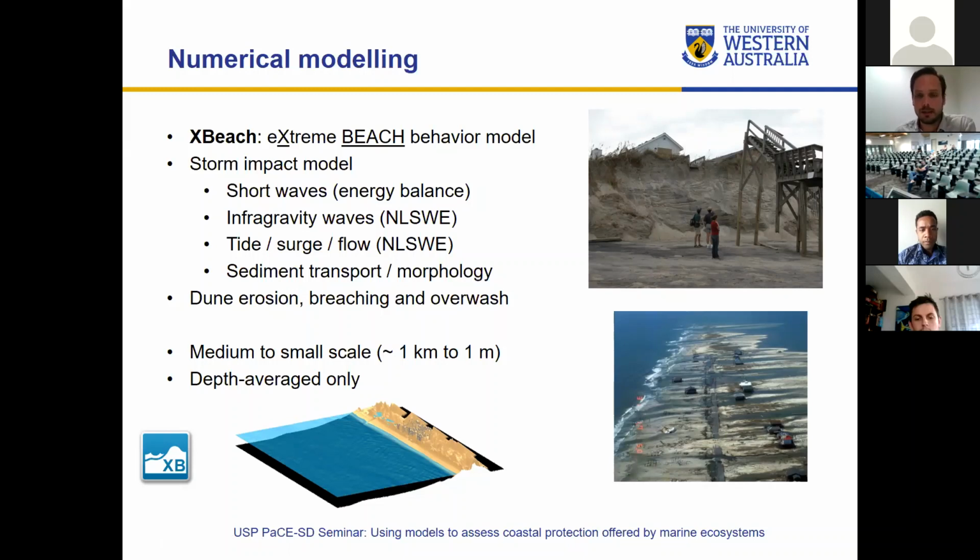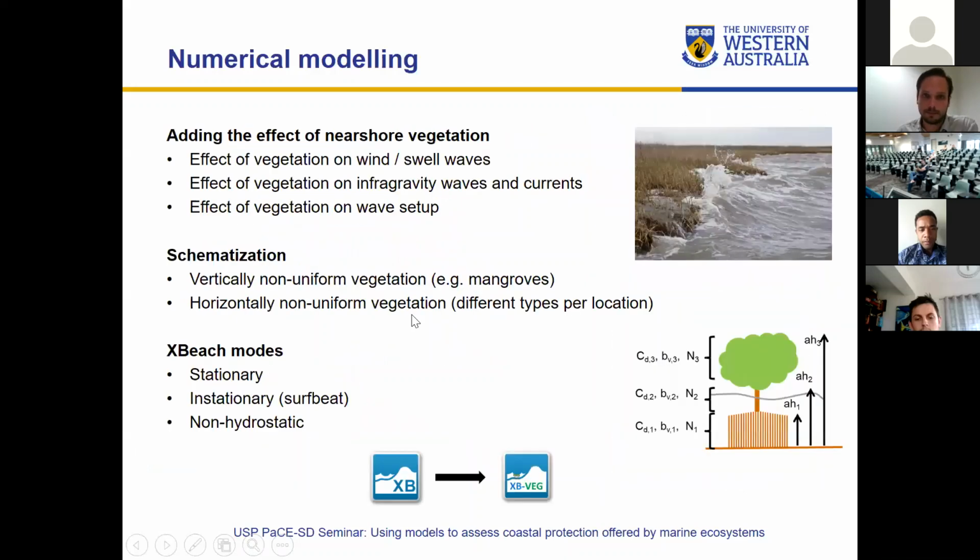There are hundreds of publications that have used the model online. And also coastal engineers and managers use it. And a couple of years ago, we got a request from a client to be able to include mangroves in XBeach, because they wanted to look at wave attenuation by mangroves.